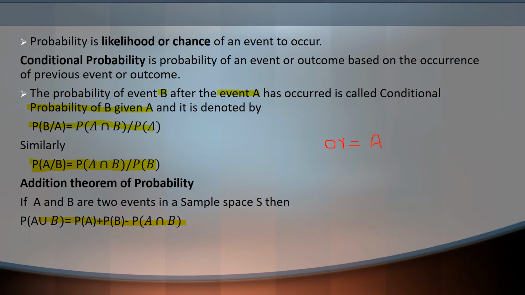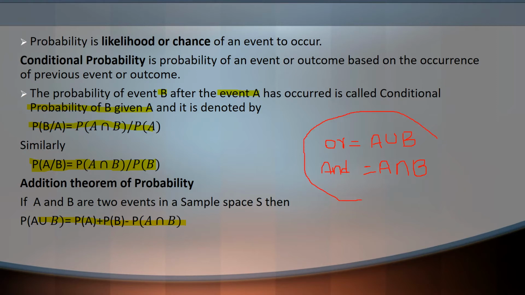When A or B happens, it means A union B. And whenever you see the word "and", you have to understand that you have to apply the formula of A intersection B. This is a very important thing that you need to remember whenever you solve problems.